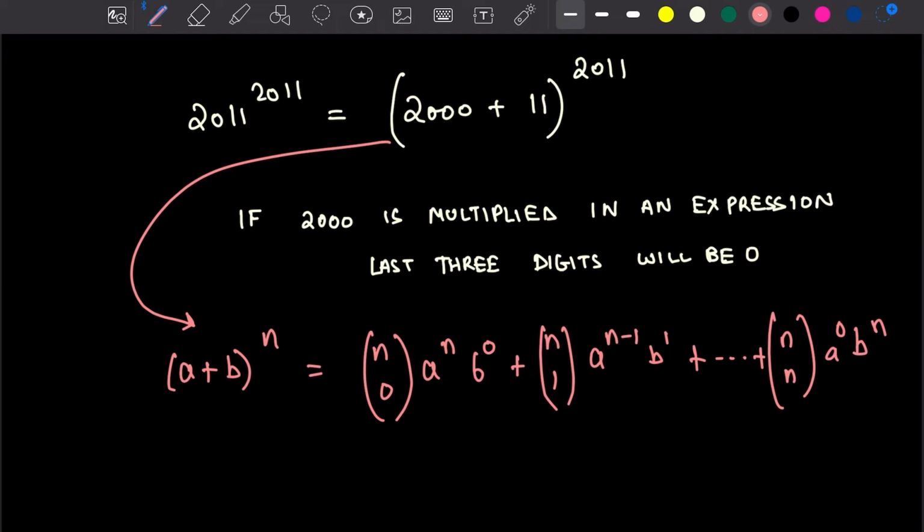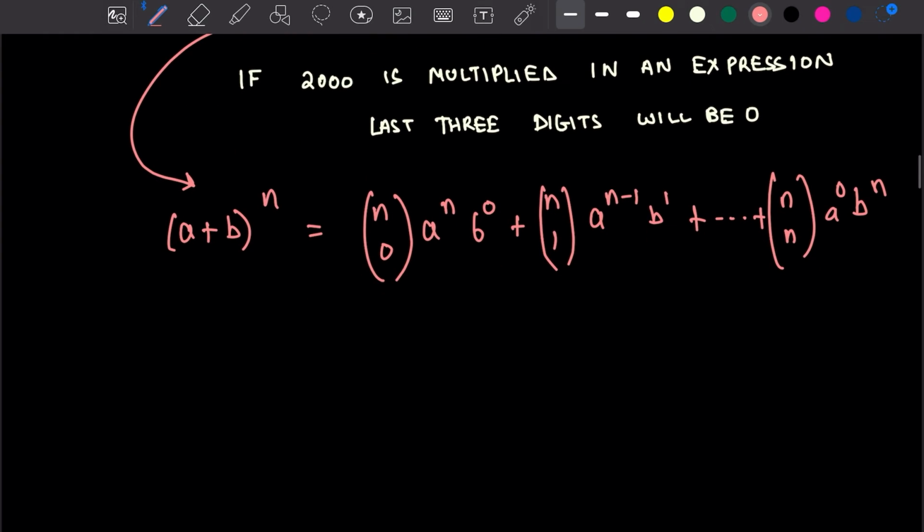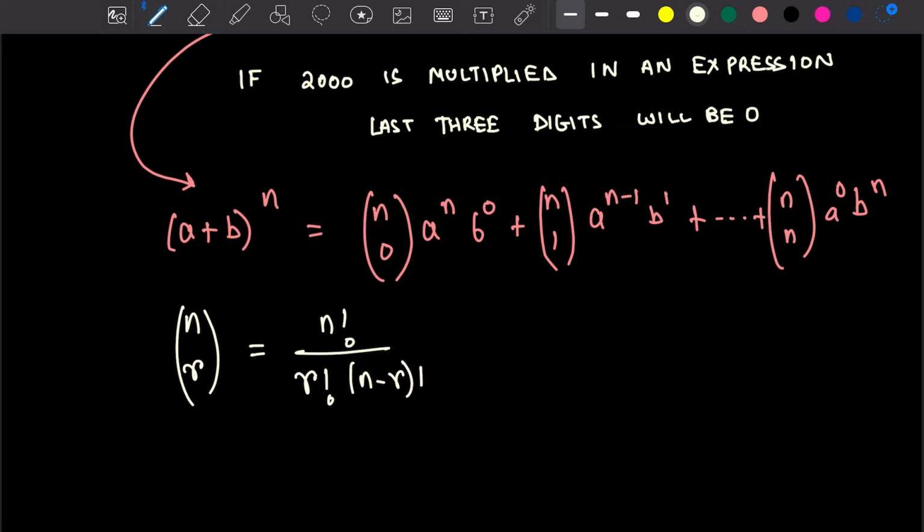This is the formula for binomial expansion, and here n choose r is simply n factorial divided by r factorial times (n minus r) factorial.